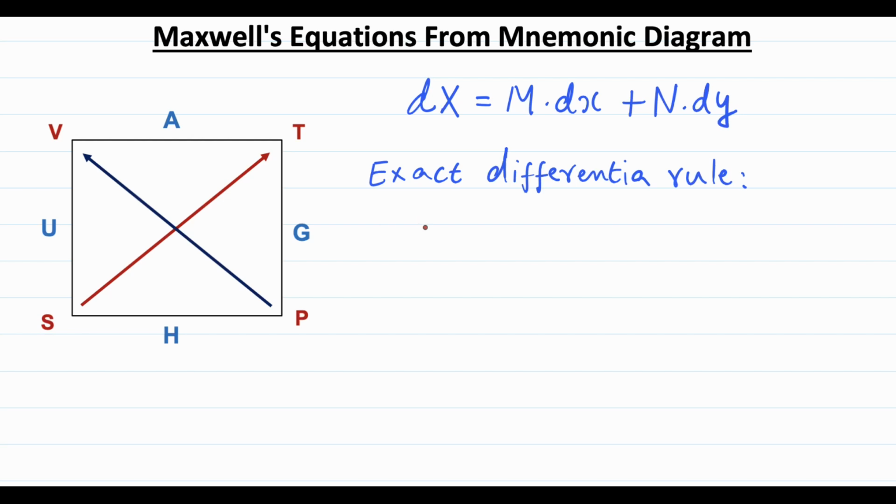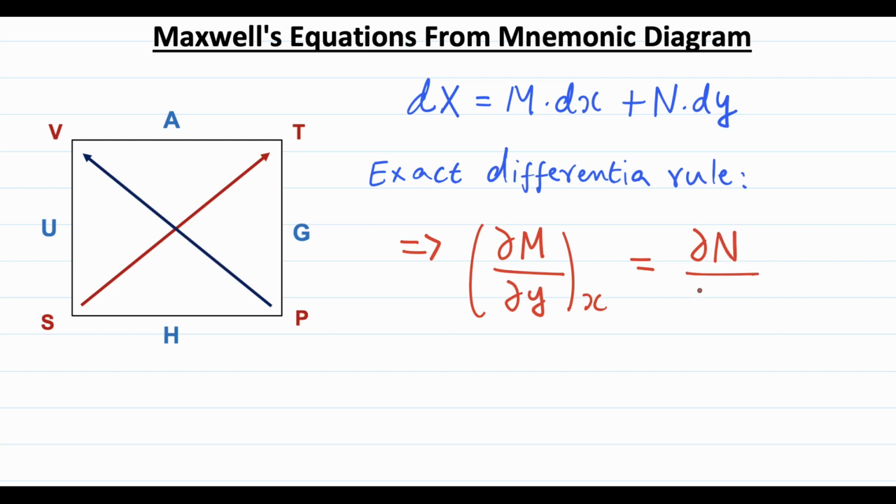When we apply the exact differential rule, we get dou M by dou y when x is constant, and this is going to be equal to dou N divided by dou x, where y is constant. This is how a Maxwell equation will look, and we can get the Maxwell's thermodynamic relations for all the four potentials using the same exact differential rule.